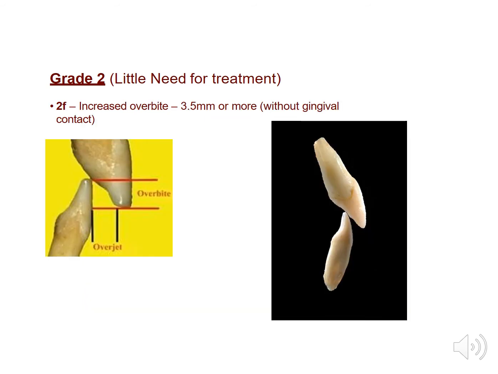And then this is 2F, increased overbite, around 3.5 mm or more without gingival contact, meaning there is no traumatic bite in this grading. So you need to measure properly for the overbite.